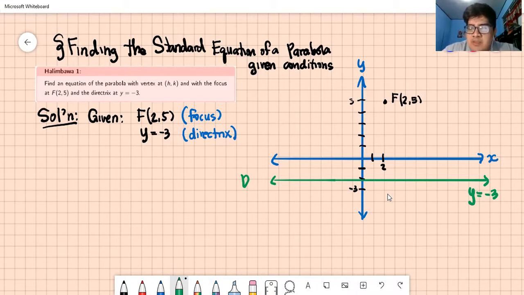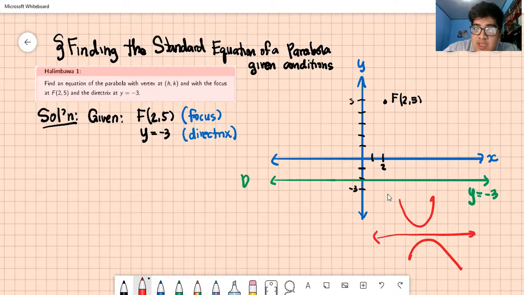Ngayon. Napapansin nyo, yung focus mo nandyan. Kapag yung focus nandyan, tapos horizontal yung directrix mo, either you are opening upwards or downwards. Kasi kapag upward or downward, ang directrix mo is a horizontal line.